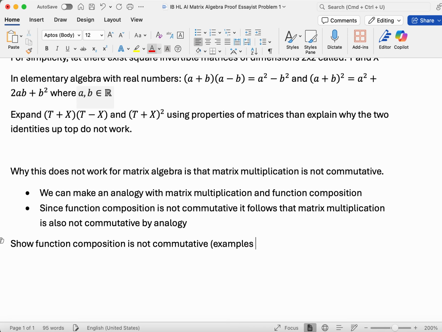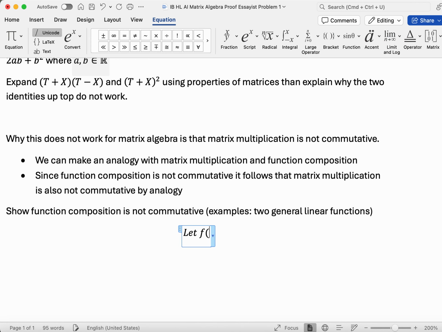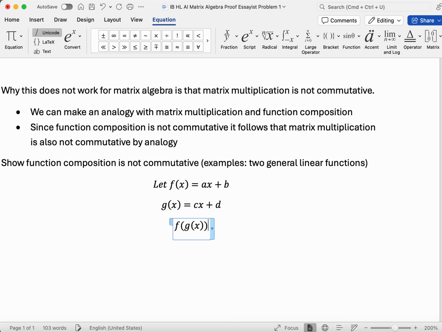The examples I'll be using are 2 general linear functions. So let f of x equals ax plus b, g of x equals cx plus d. Now compose them in different orders. We have f of g of x, which just becomes f of cx plus d.